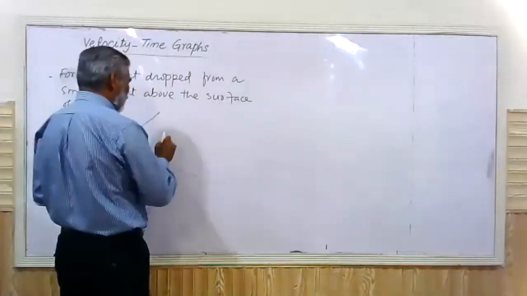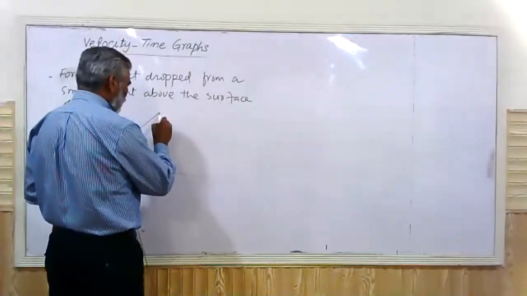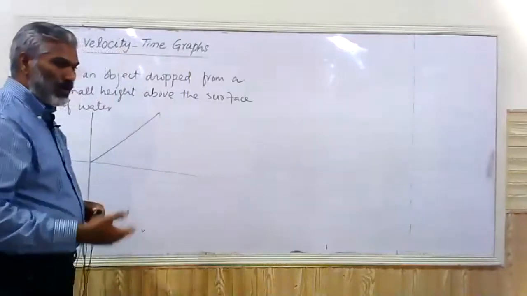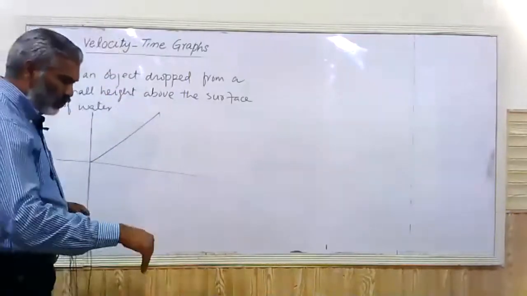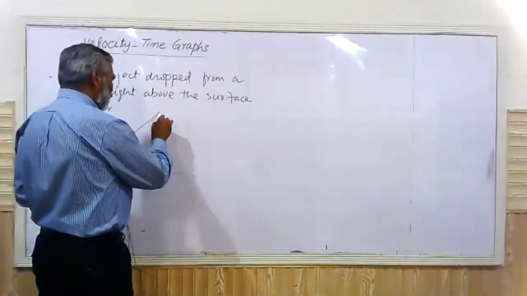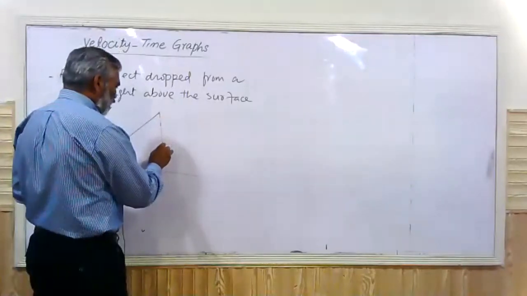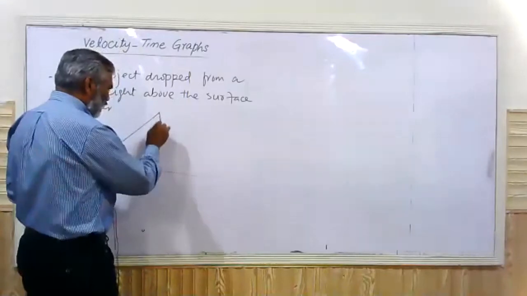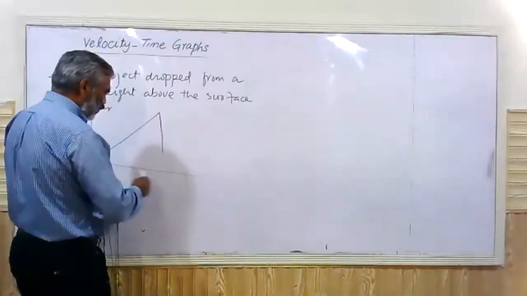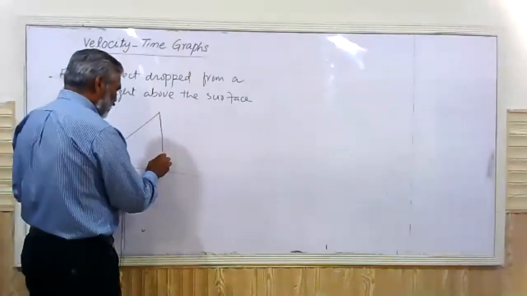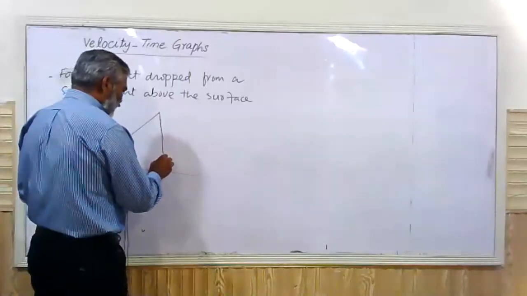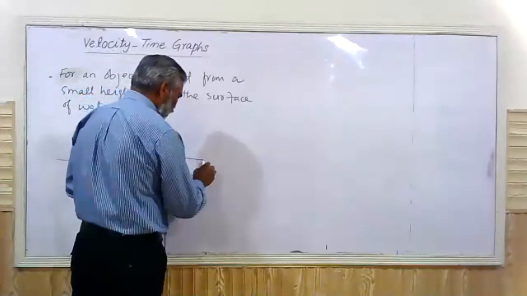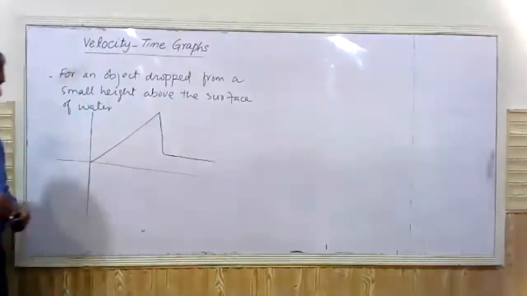With the surface of water, it quickly slows down, but obviously it will not rebound. It goes into water, slowing down quickly, and this shows deceleration. In a very short time, it acquires a smaller velocity, and then this becomes more or less constant velocity with which the object moves.